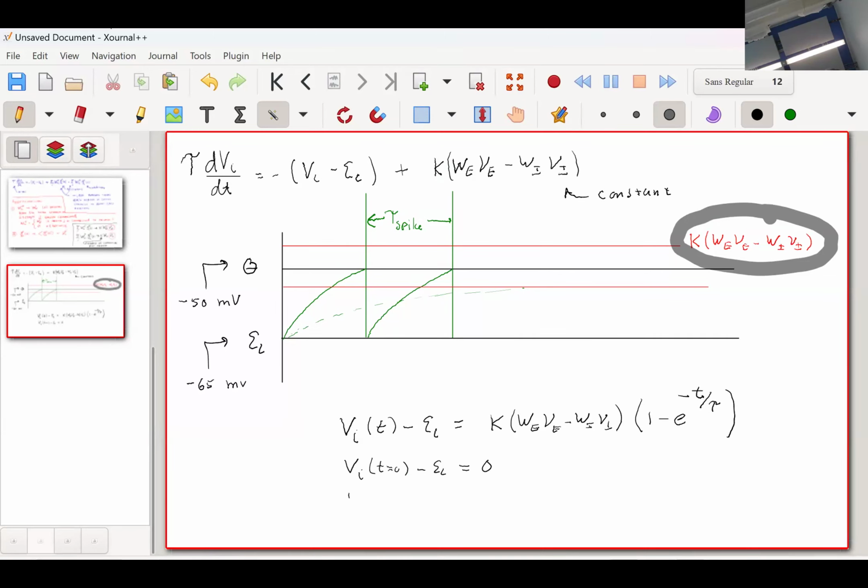And VI at t equals infinity minus E leak is equal to K W_E nu_E minus W_I nu_I. Okay, and that's what would happen if the neuron doesn't spike. So this is the no spike case.